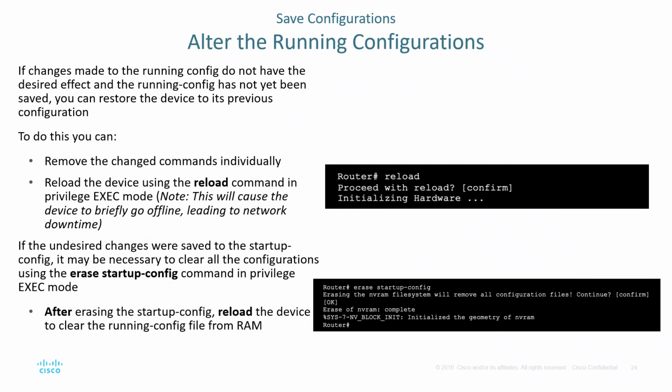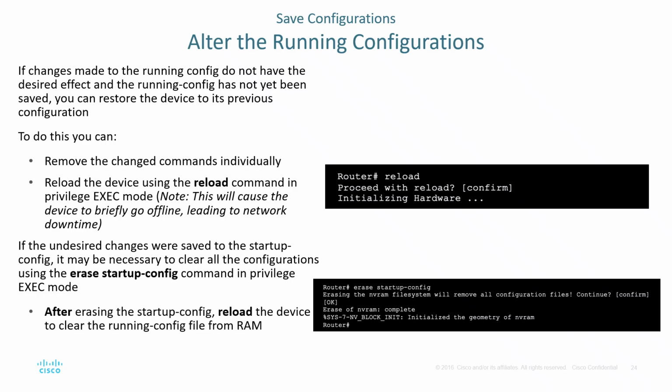If changes made to the running config do not have the desired effect and the running config has not been saved, you can restore the device to its previous configuration. So one of two ways I can do this. I can do it the very laborious way and remove each command that I individually put in, or I can just simply reload the device. So the reload is kind of like you rebooting your machine.